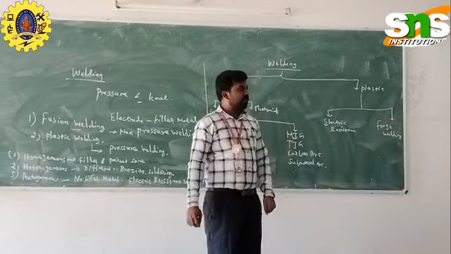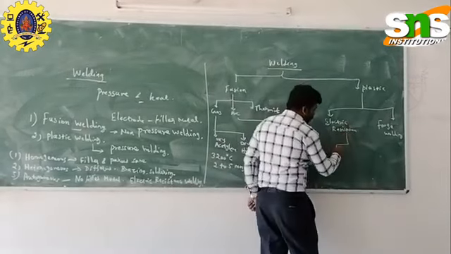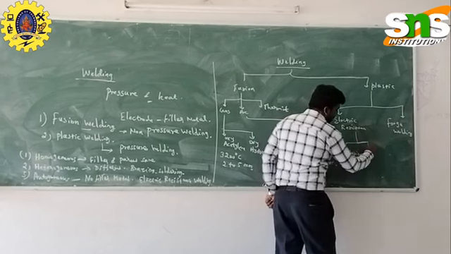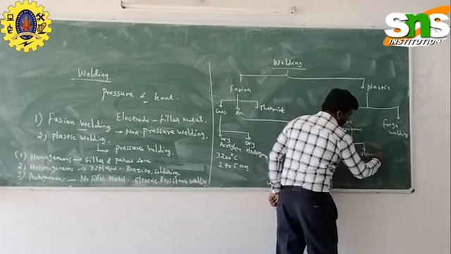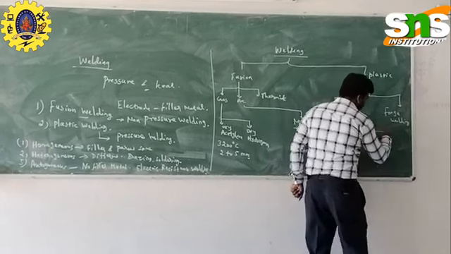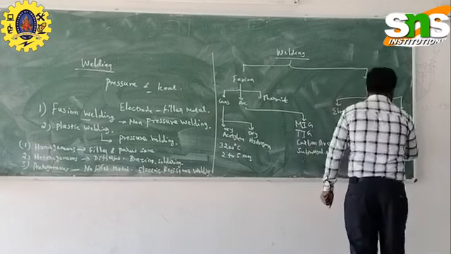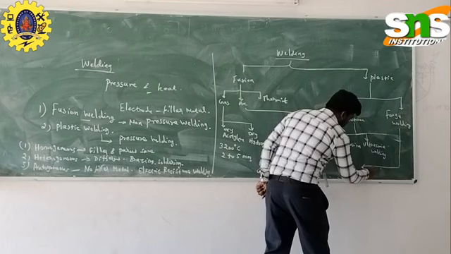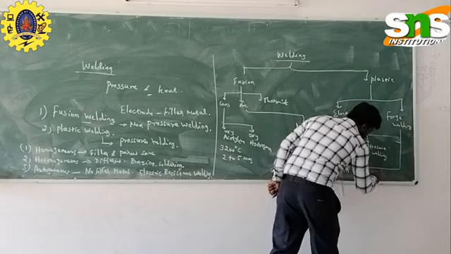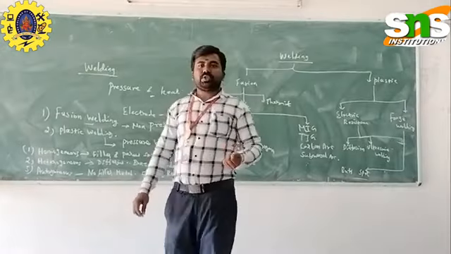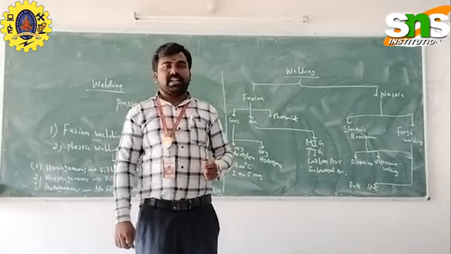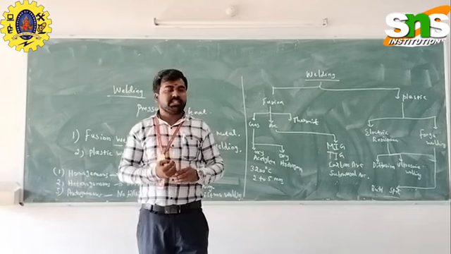Electric resistance welding is further classified into types such as diffusion welding and ultrasonic welding. Forge welding is classified into butt welding and spot welding. Spot welding is classified into two types: single spot and continuous spot welding, which is also called seam welding. So these are the types of welding process.